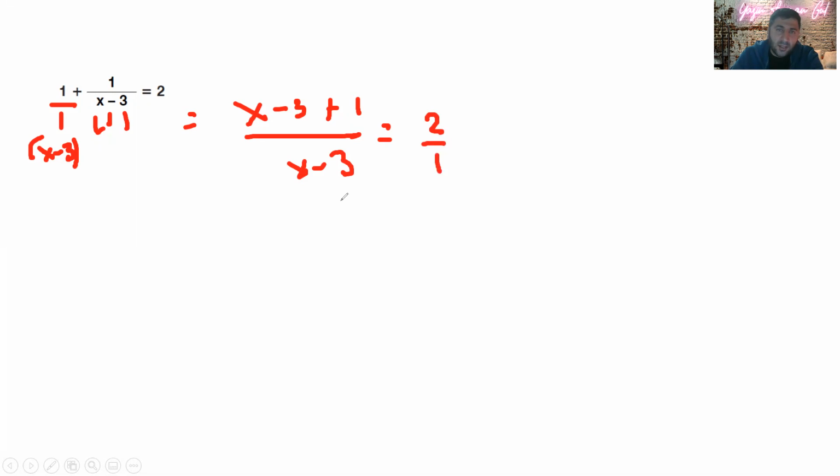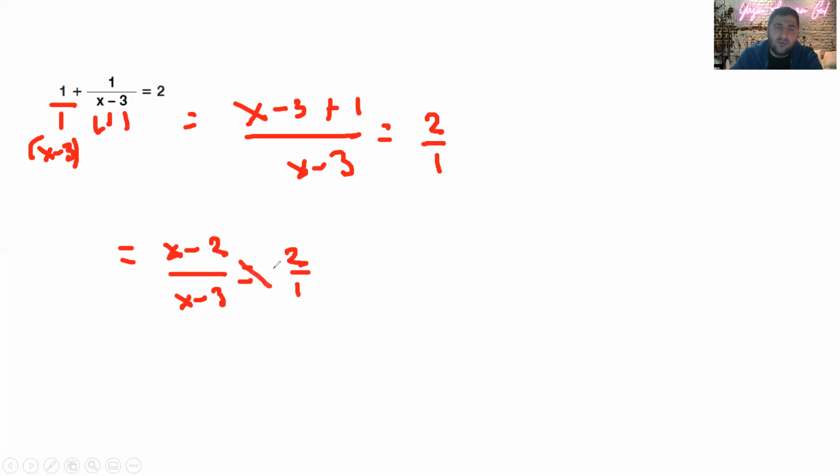Then we're going to do a cross multiplication, but before that, x minus 3 plus 1 is x minus 2. So this is going to be x minus 2 over x minus 3, which equals 2 over 1.